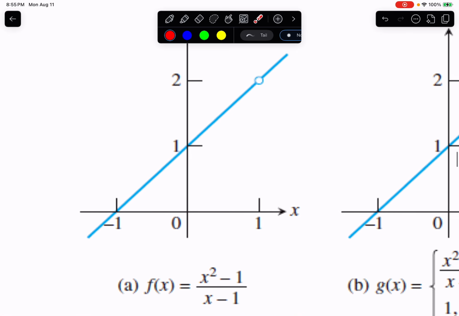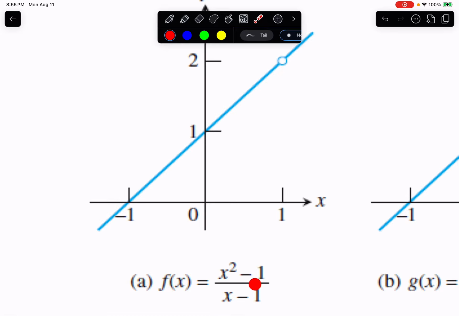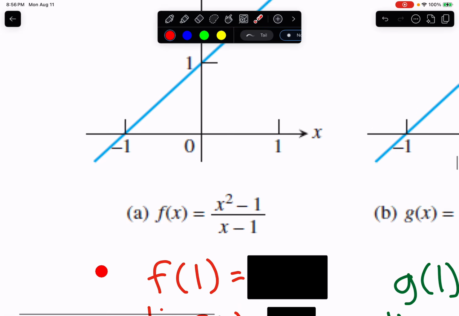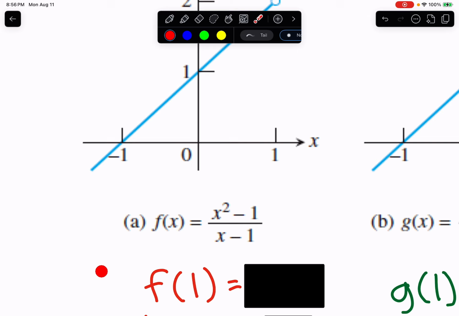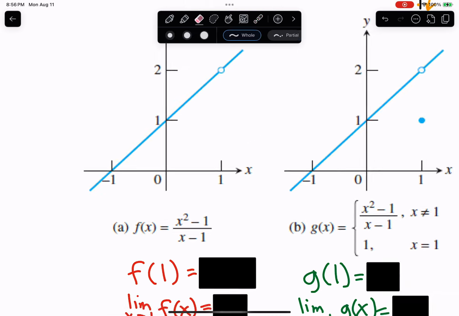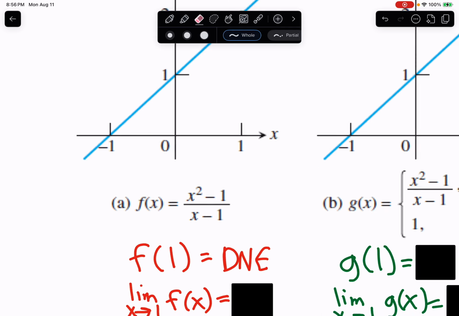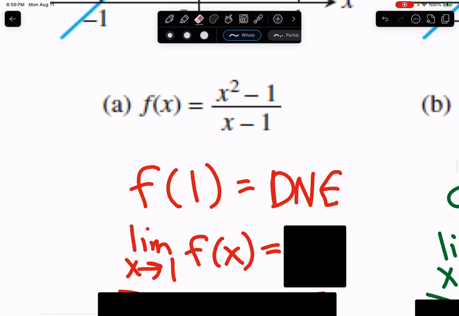So A here gives us this rational function, x squared minus 1 over x minus 1. So really, continuity comes down to two things. What is the value of the function? Well, if I plug 1 into this function, I get does not exist, okay? And then you could stop right there. If the function value doesn't exist, you know it's not continuous, but let's just do the definition, okay?